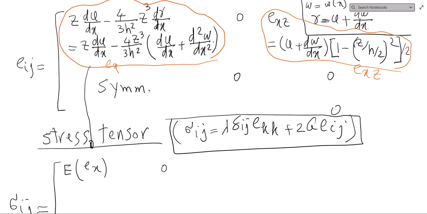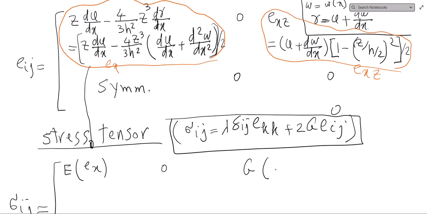And divide by 2 here. Okay. And therefore here I get G.